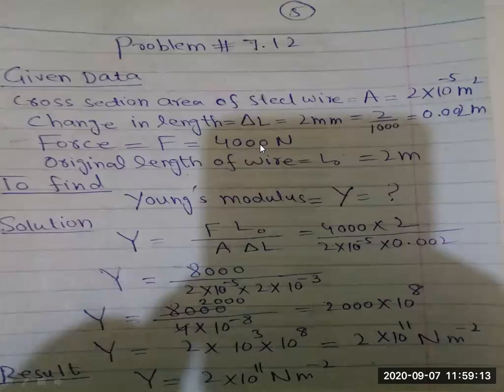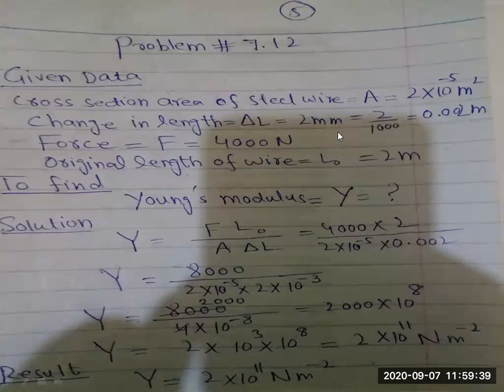The change in length is also given. Change in length is denoted with delta L. Whenever you see delta L, it means a small change. So change in length is denoted with letter delta L, which is given as 2 millimeter. And you know the length unit is meter. Milli is 10 raised to the power minus 3, which when it goes down is 1000. That's why I'm dividing this by 1000 to convert it into meter, the SI unit of the length.